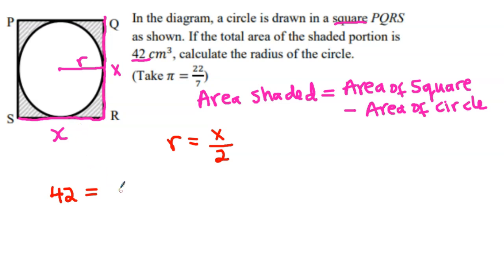This and this are all the same, so it's just going to be x times x. That will give us the area of the square, and then minus, going by the formula, the area of a circle. Area of a circle is pi r squared.